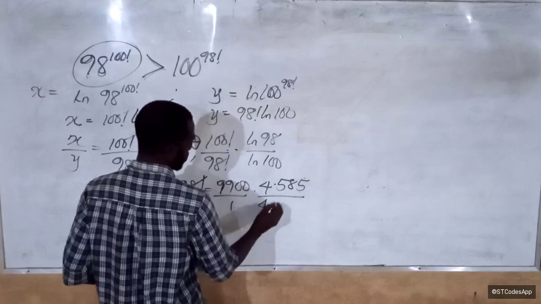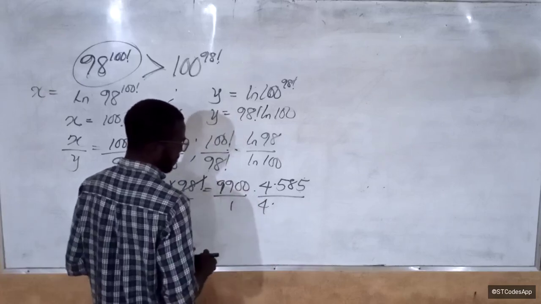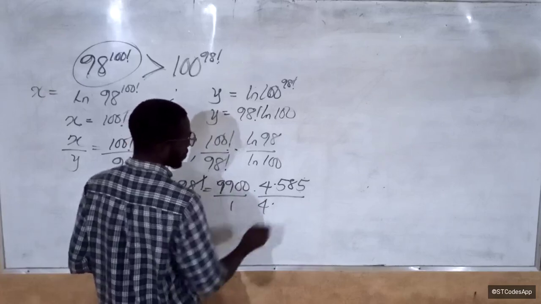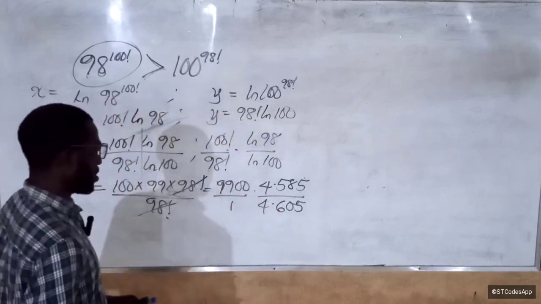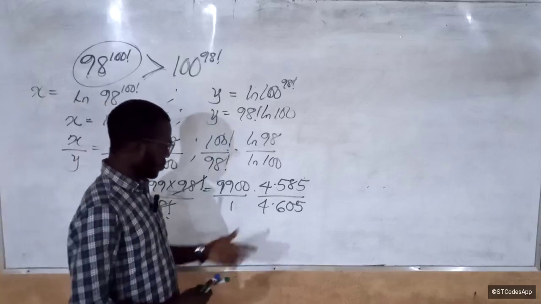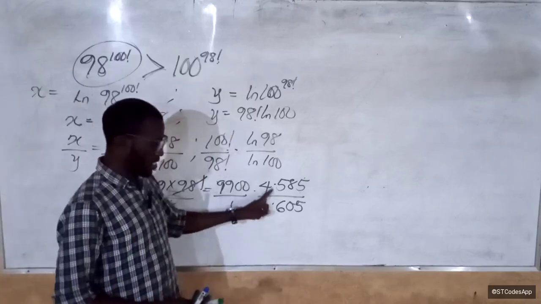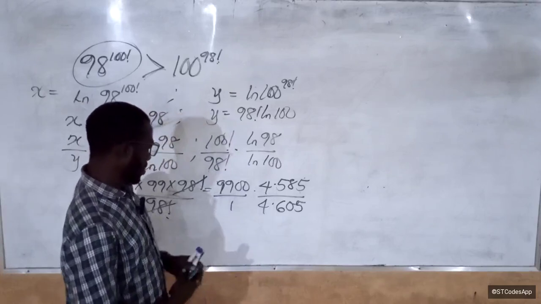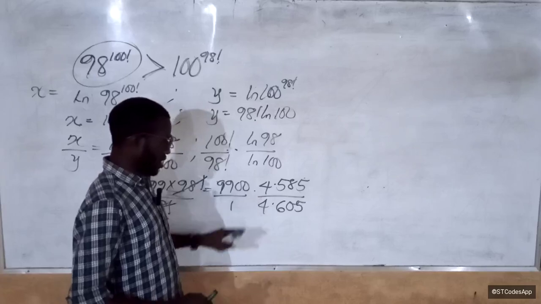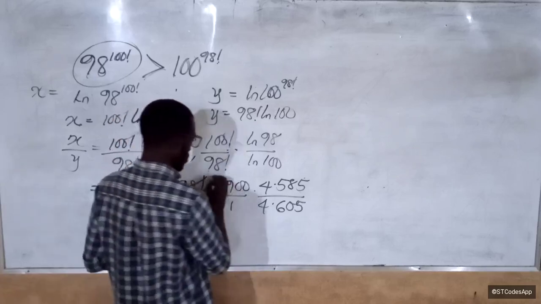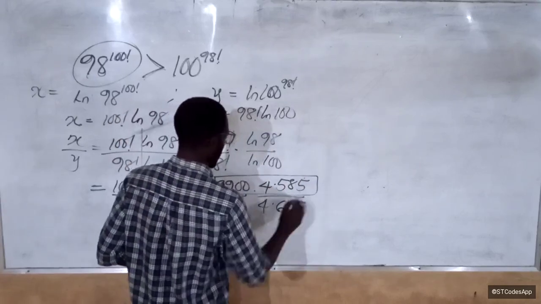That should be 4 point something, so it should be close. 4.605. Alright. So from this ratio, it looks like this one is smaller than this, right? But because of this multiple that it will be multiplied with, it actually shows that this one is going to be bigger. Do you understand?